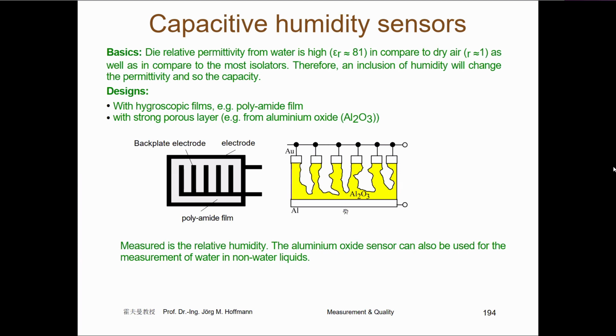And that changes the capacitance between both sides. Important is also that you have no dirt on this surface, because the holes should always be open to change the air.